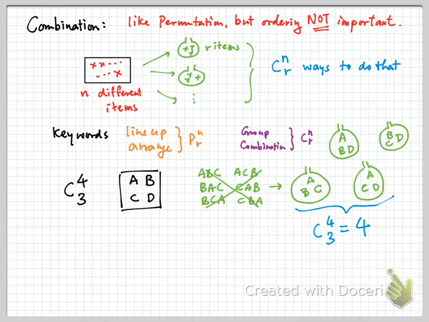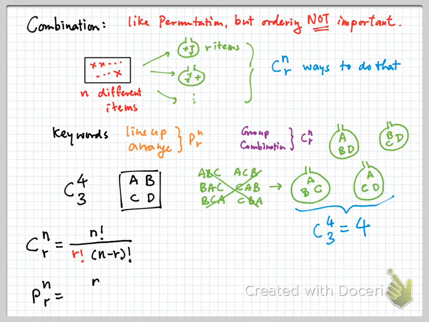So how do we calculate NCR? To calculate NCR, we follow once again the NPR notation. We can use factorial to do that. NCR will be n factorial divided by r factorial times n minus r factorial. For comparison, if it is NPR, that is n factorial divided by n minus r factorial.